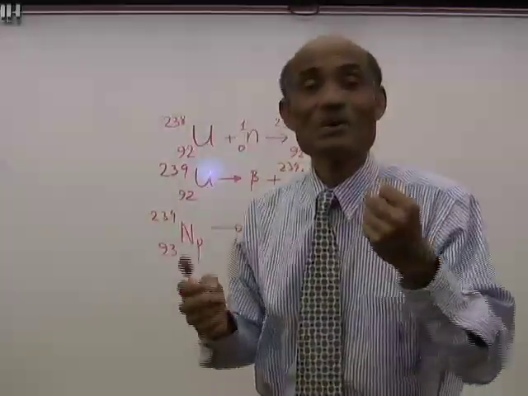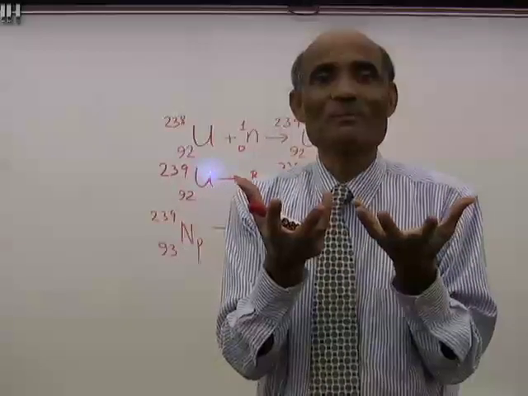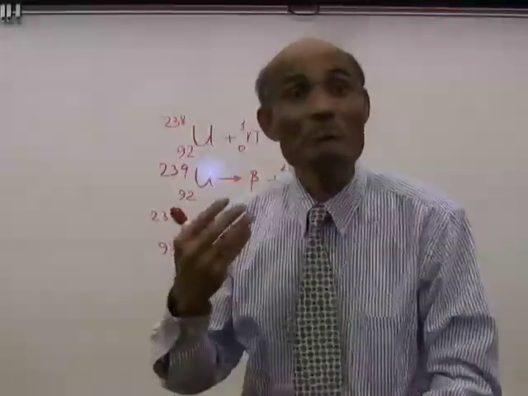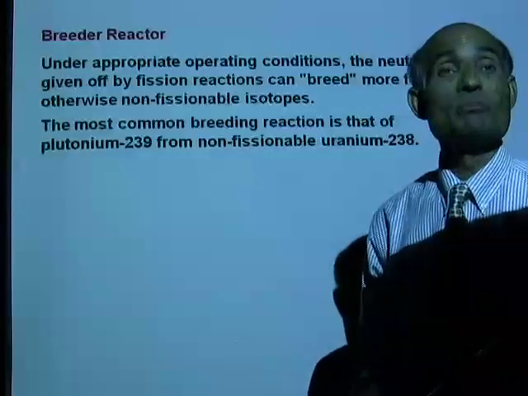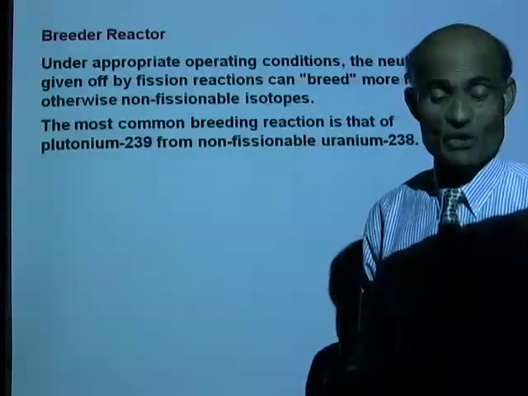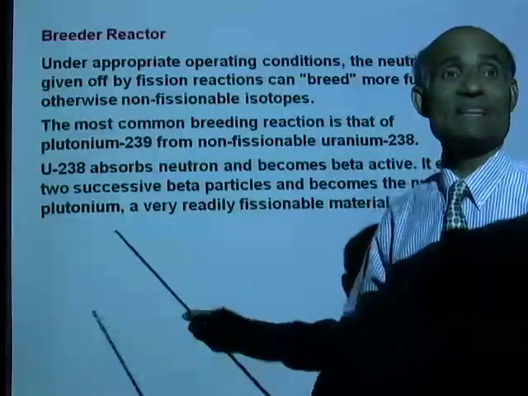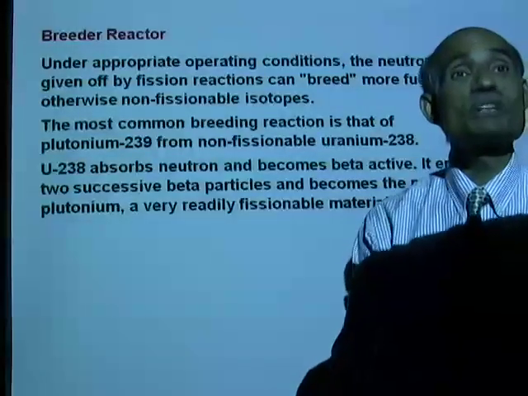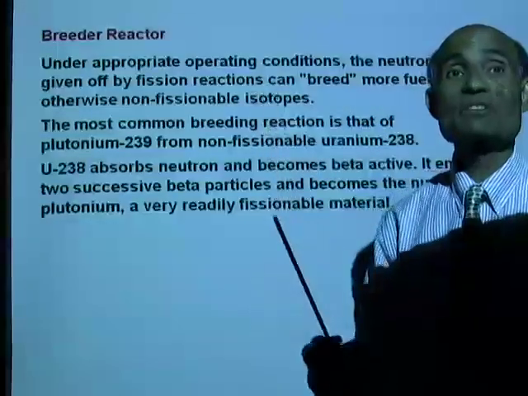That means you are actually producing more fissionable material. That is a breeder reactor. So the most common breeding reaction is that of plutonium-239 from the non-fissionable uranium-238. As I explained, uranium-238 absorbs a neutron and becomes beta active.